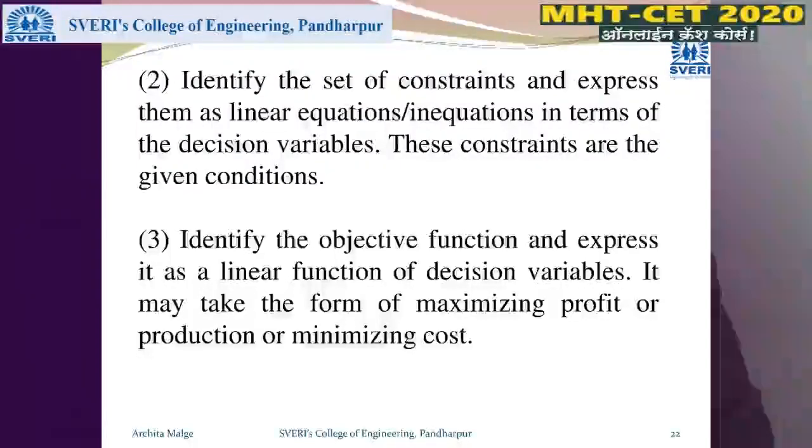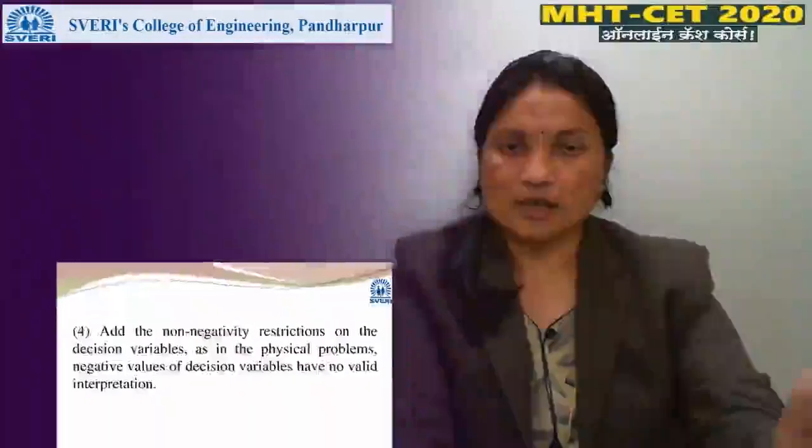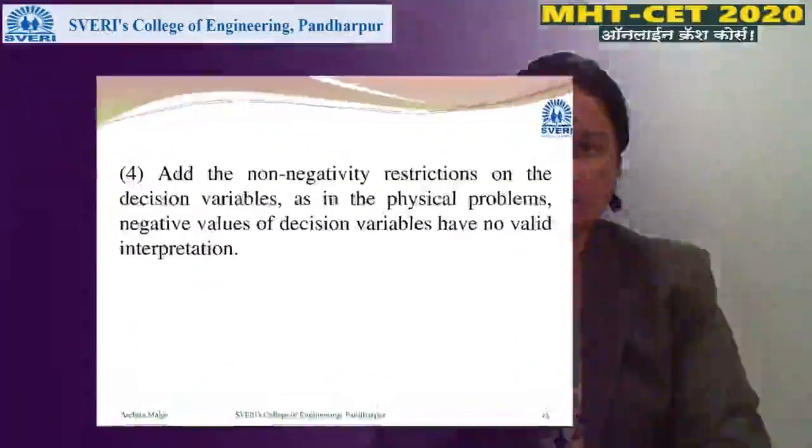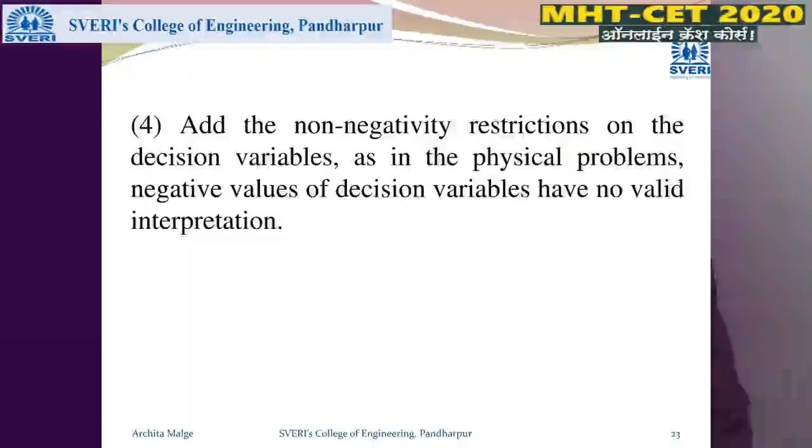It may take the form of maximizing profit or production or minimizing cost. After this we get the solution part. Then add the non-negativity restrictions on the decision variables, as in physical problems negative values of decision variables have no valid interpretation.